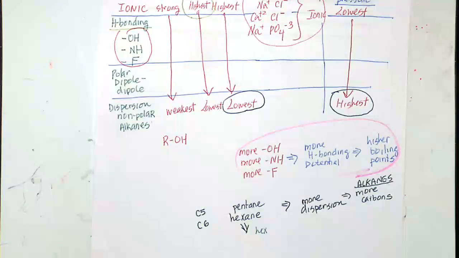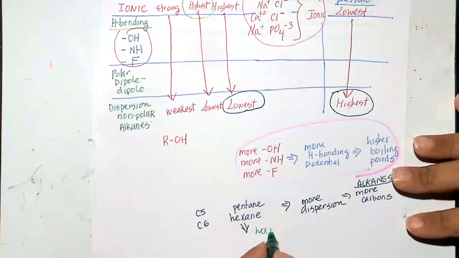So imagine trying to vaporize hexane. The hexanes are going to have their own IMFs interacting, but you're trying to break apart the IMFs for 6 carbons versus 5 carbons. That takes a little bit more, so hexane will have more dispersion forces.